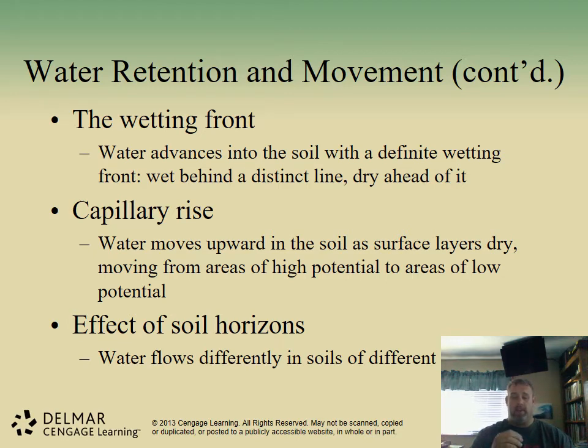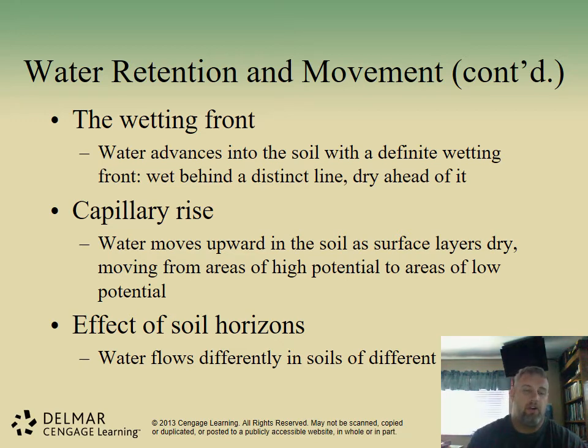And as the potential in the area above it becomes lower and lower, the water will start to flow upwards because the potential becomes greater than the gravitational forces. So capillary action, as it's called, is actually the movement of a water molecule up through the soil. And this capillary action can bring the water right to the surface of the soil and can allow that water to then be on the surface of the soil and potentially evaporate.